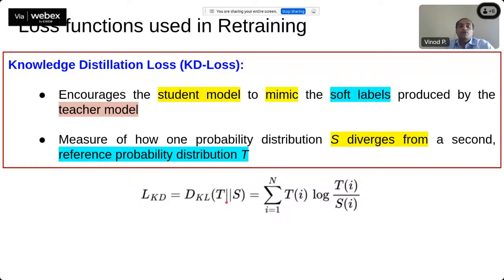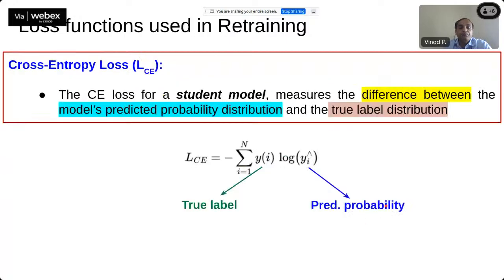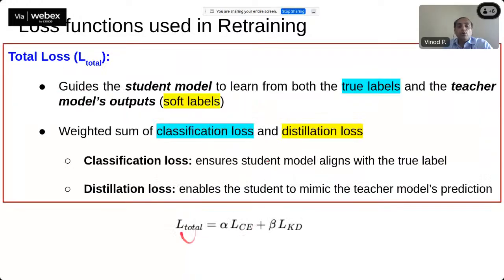This can be solved through the KL divergence, where Ti and Si are basically the softmax outputs. And also we would like to minimize the cross entropy loss, that is the difference between the true label and the prediction probability. Then we calculate the total loss, which is alpha times the cross entropy loss plus beta times the distillation loss.